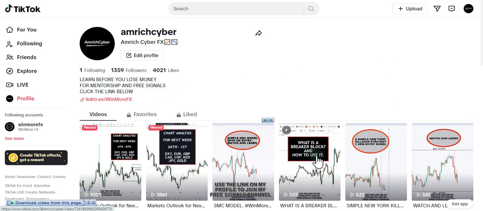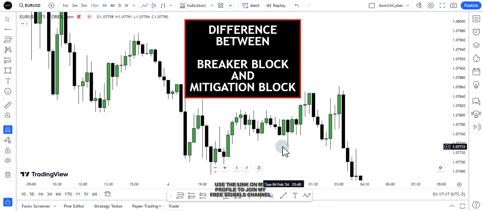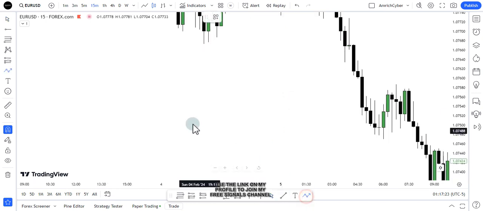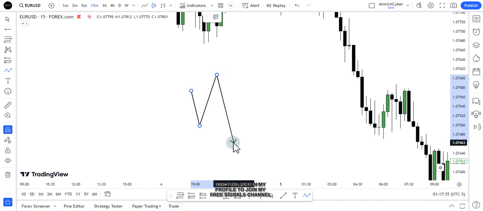So we talked about the breaker block in our previous video. We'll go over it in this video, and then we talk about the mitigation block. So we said a breaker block is when price has created a high here and then drops to create a low, creates a high, and then breaks the recent created low.